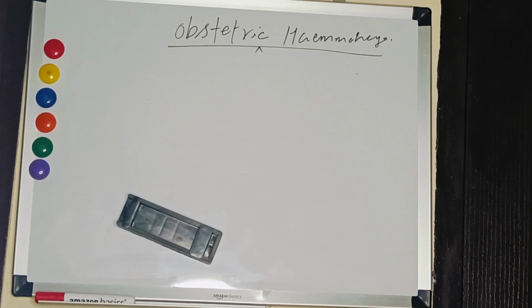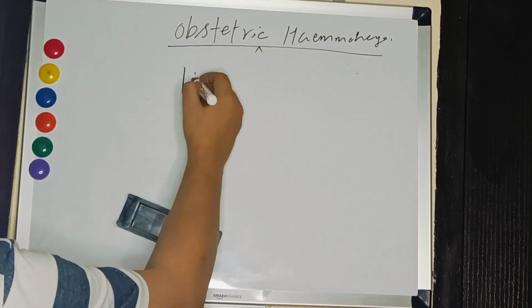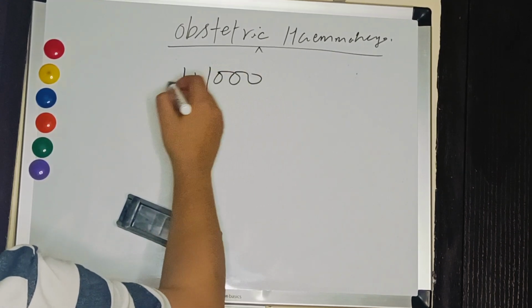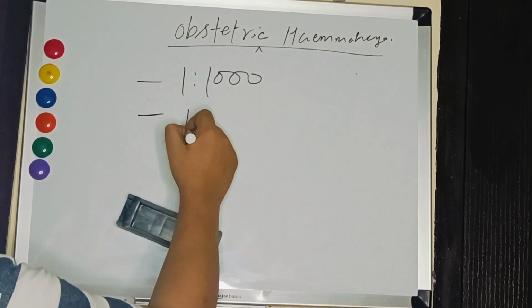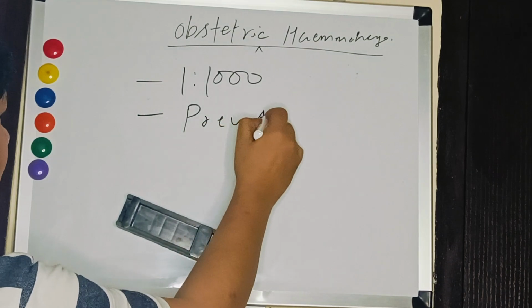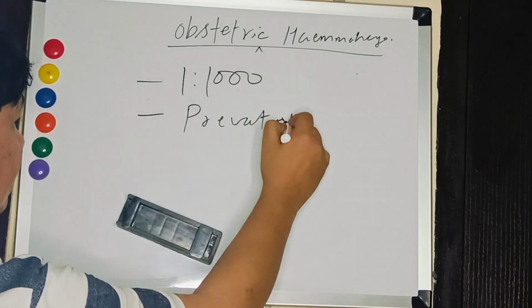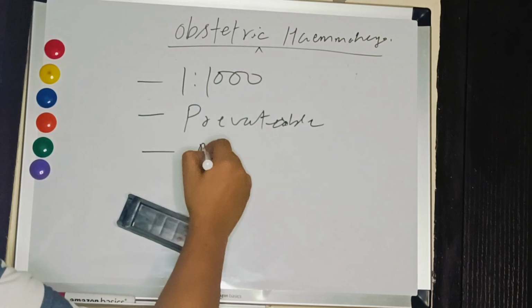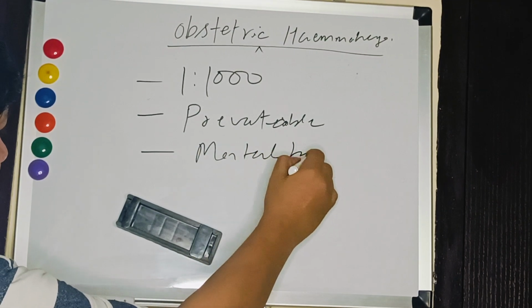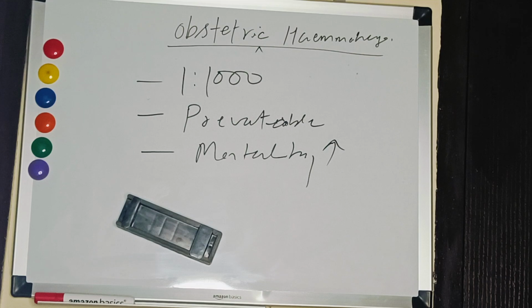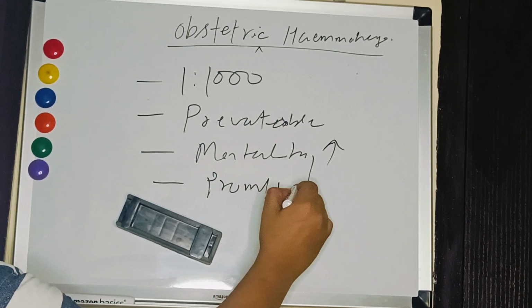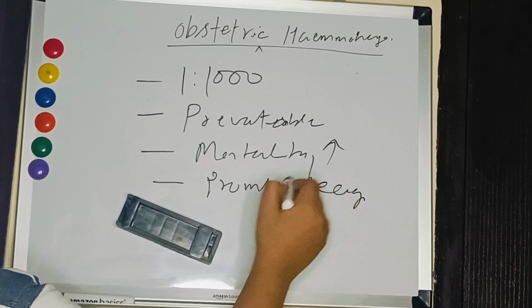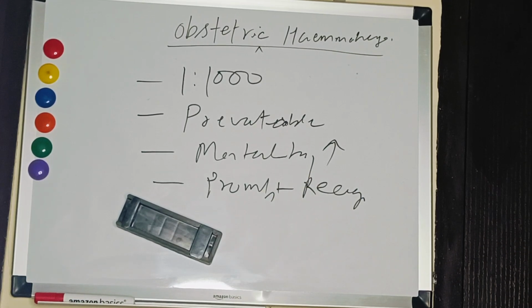Obstetric hemorrhage epidemiology: it occurs in 1 in 1000 deliveries, and it is a preventable problem, and mortality is very high. It requires very prompt recognition and proactive action.